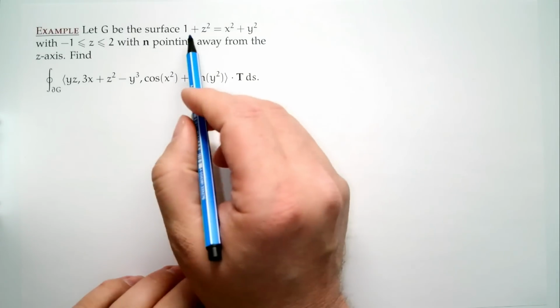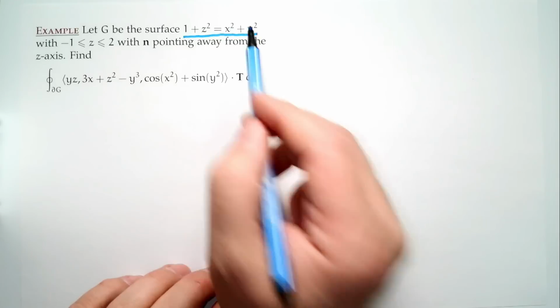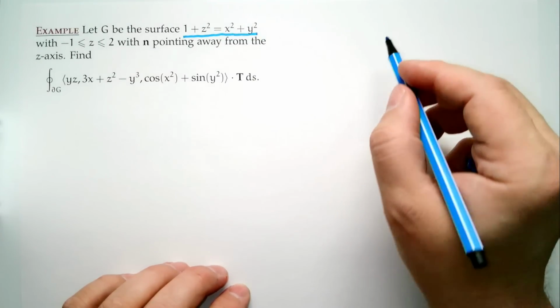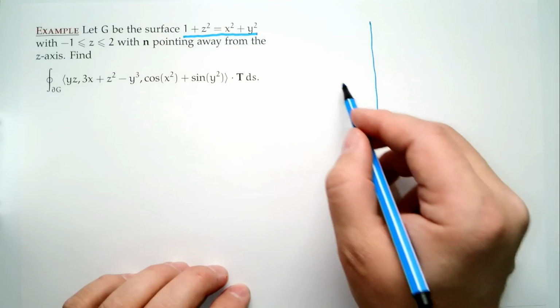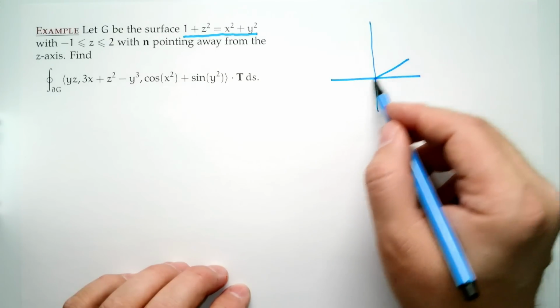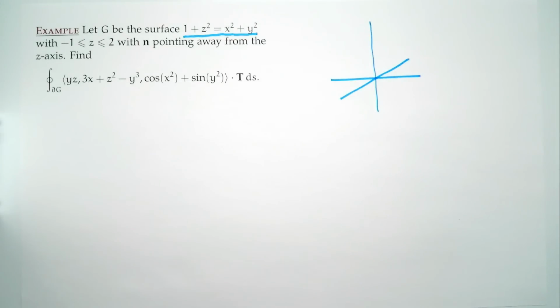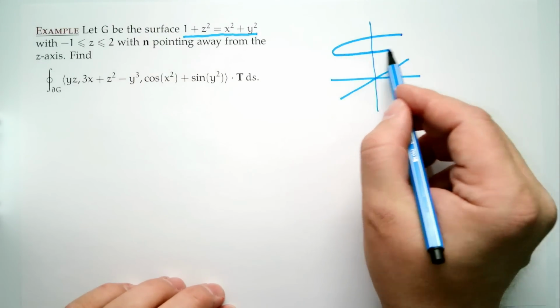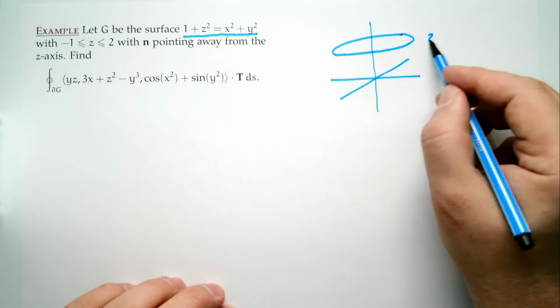So this surface, do you know what that looks like? Do you recognize it? It's one we haven't talked about much. It's a hyperboloid. And what is that? Well, it'll look like the following. Here is at z equals 2.